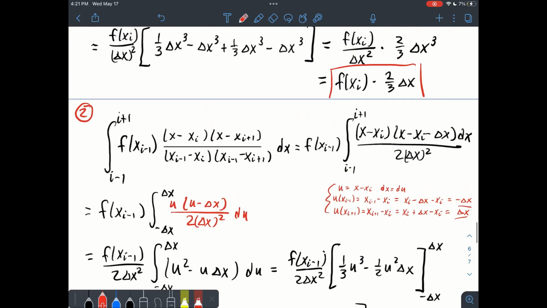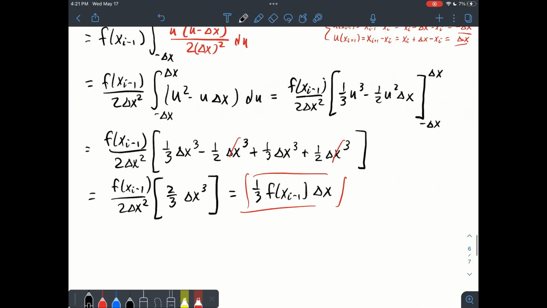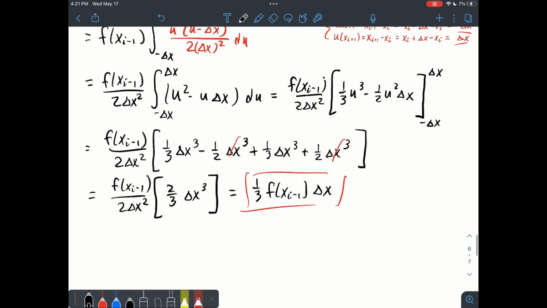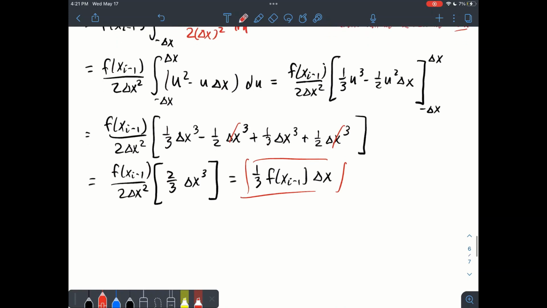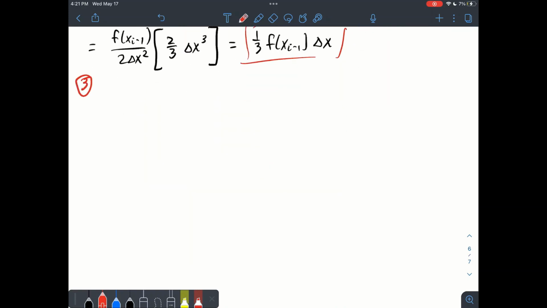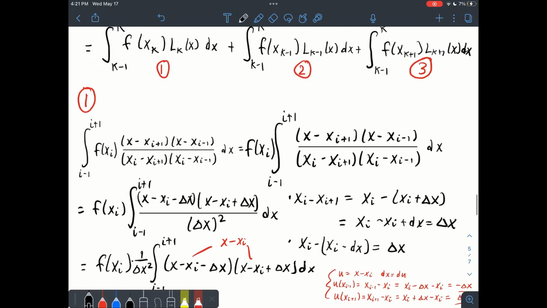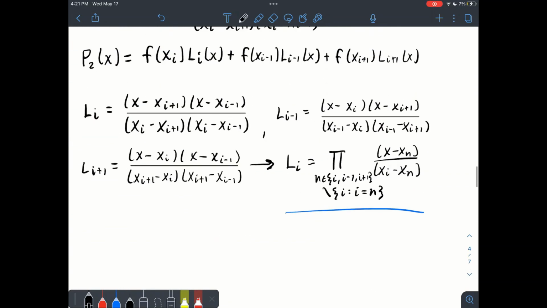Right, and that's good. Okay, so that is number 2. And let's do number 3. We're almost there, ladies and gentlemen. Okay, so number 3, third polynomial that we had was the +1 case.